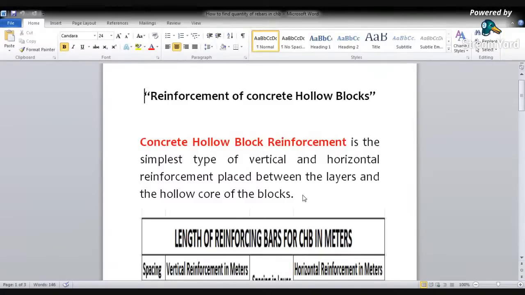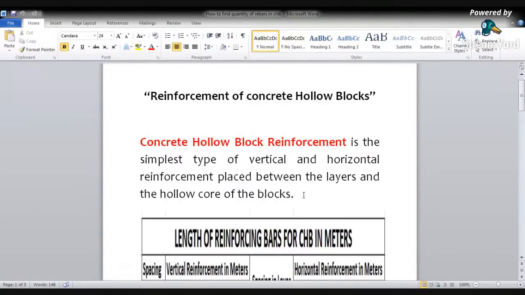Why? Because we need to put only the rebars in horizontal position and vertical position. So what we need here is only the spacing of the rebars in vertical position and the spacing of the rebars in the horizontal position.